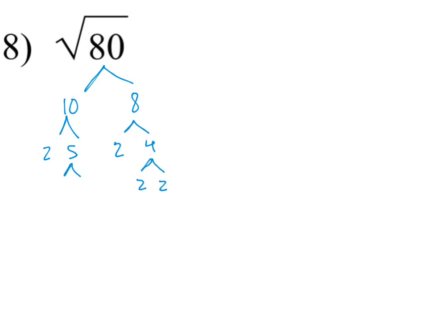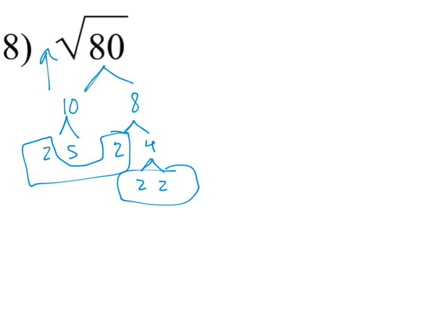You can't factor 5 more. It's just 5 and 1. You can't factor 2 anymore. And so you're looking at these. And then to simplify it, you have to look at the end numbers here and find pairs. So here's a pair of 2's, and here's also a pair of 2's. And the pair of 2's are going to go in front of the radical, and whatever's left inside is going to be, well, left inside.